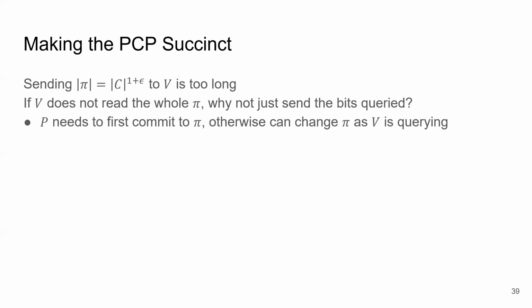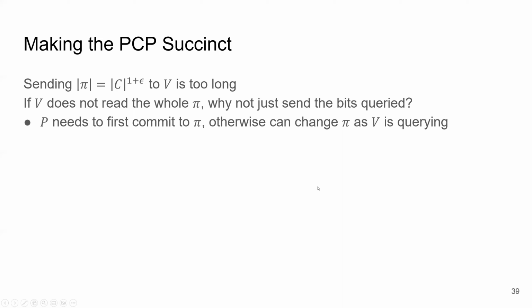Otherwise, if the verifier is querying one bit at a time, the prover could send random bits back that don't together form a correct proof, but that take advantage of the fact that every time the verifier is querying, the prover is gaining knowledge about which indices of the string the verifier is querying.